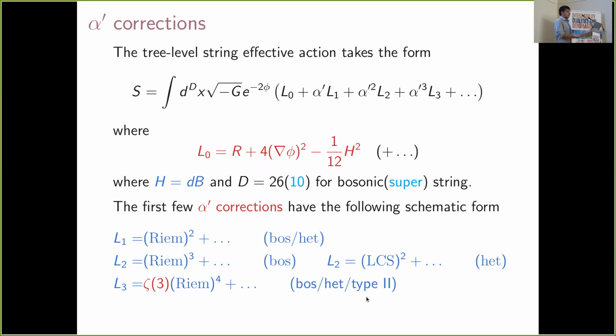So for the bosonic, the heterotic, and the type II theories. So for the maximally supersymmetric type II theories, their first correction appears at this order, alpha prime cubed. And you see this funny coefficient, zeta of 3, that multiplies this correction at order alpha prime cubed. And that coefficient doesn't appear in these lower corrections.